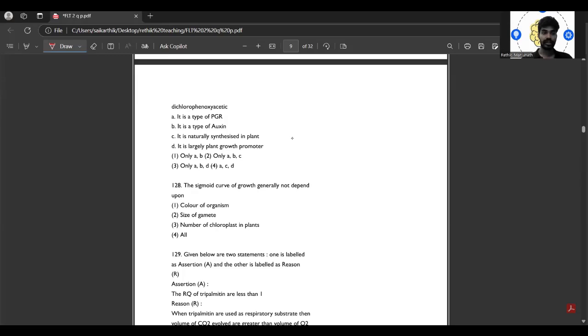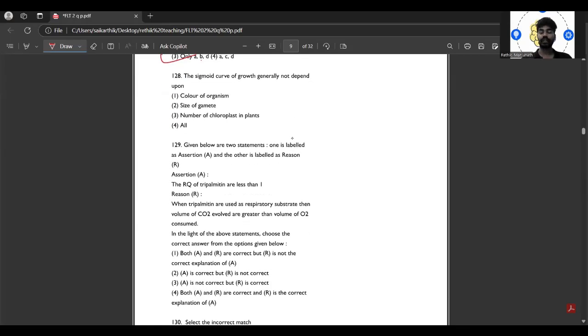Yes. Next, it is a type of auxin. Yes. It is naturally synthesized in plants? No, it is artificially synthesized. Okay, artificially synthesized auxin. Then it is largely a plant growth promoter. That is true. So A, B, and D. Option 3.